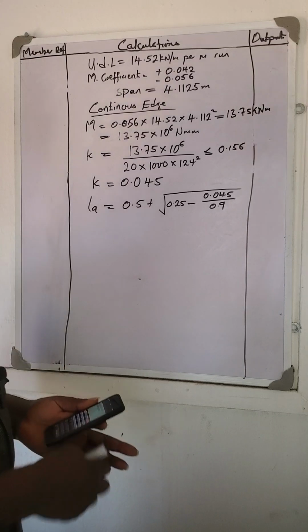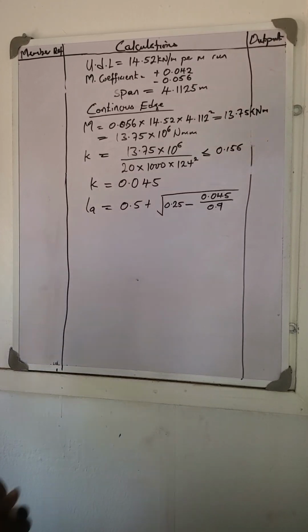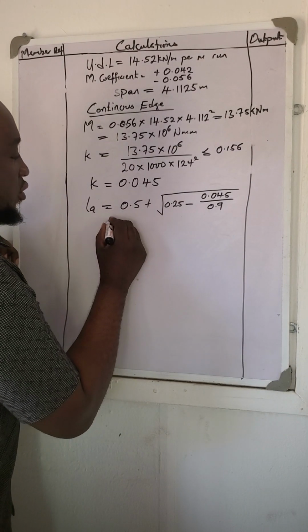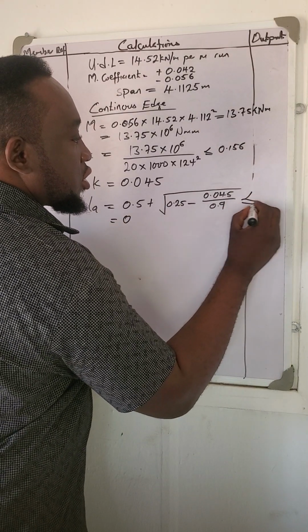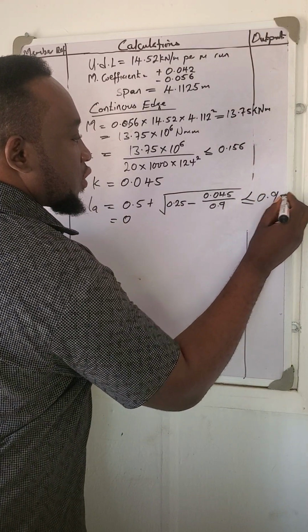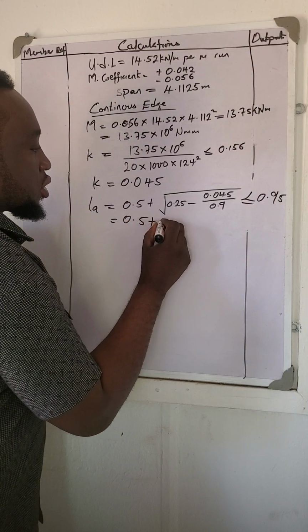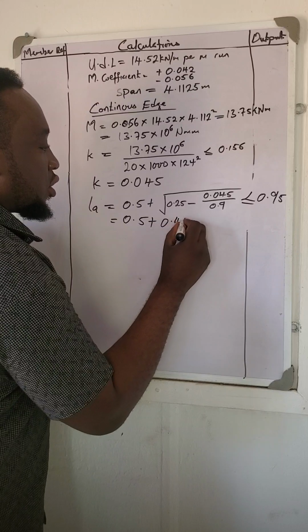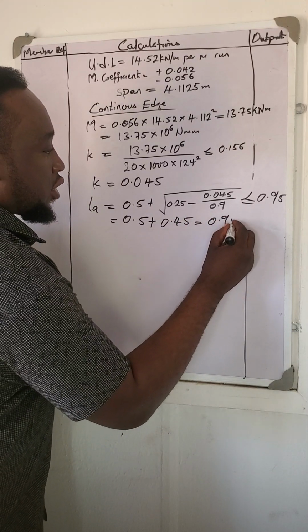This one will give me 0.45. And if you add, 0.5 plus 0.45 will give me equals to 0.95.